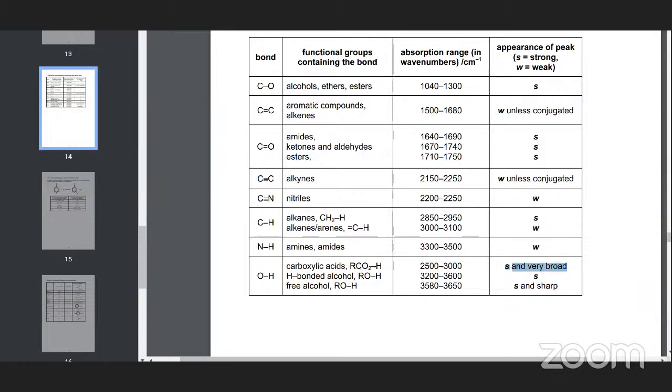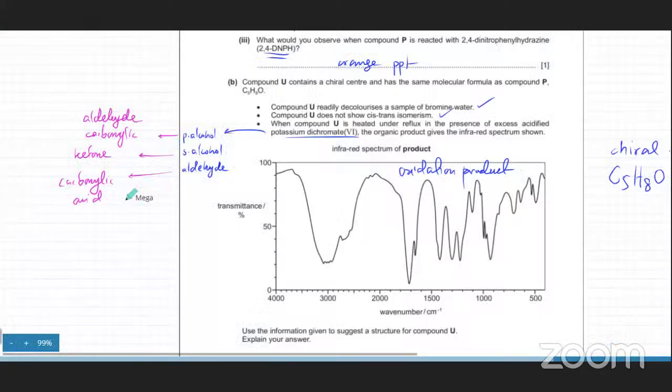It's around the 2500 to 3000 mark, and we're getting that range as well. There's only one strong and broad absorption in the spectrum, and that's because of the OH group of the carboxylic acid. That's what the data booklet is suggesting.